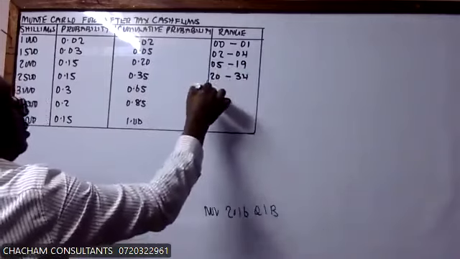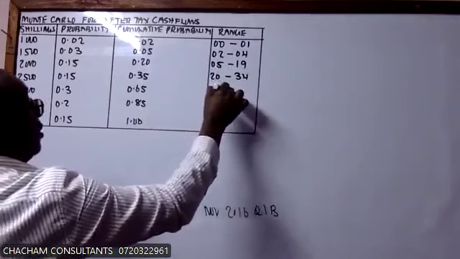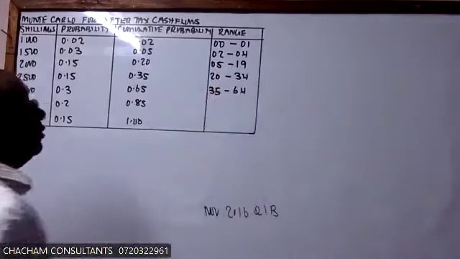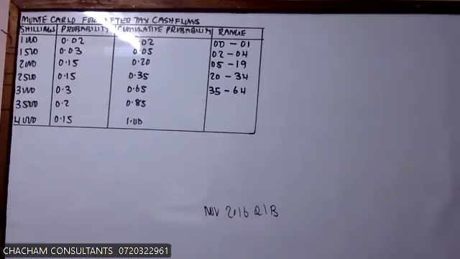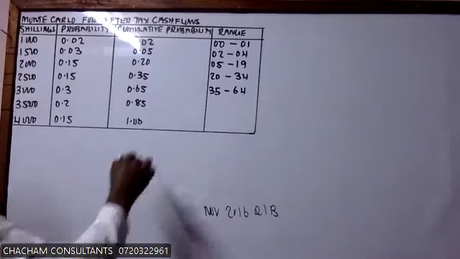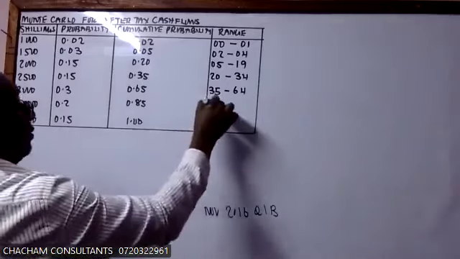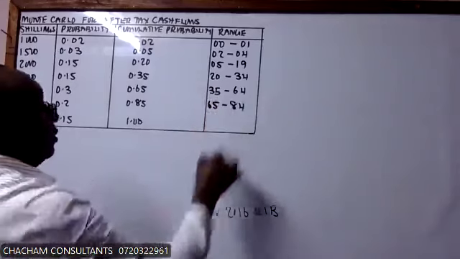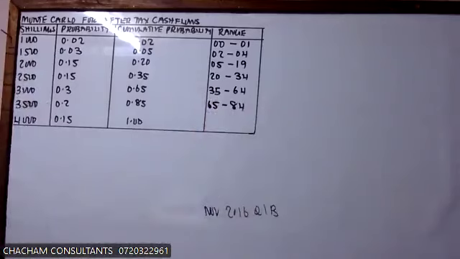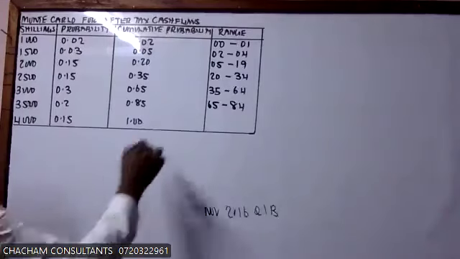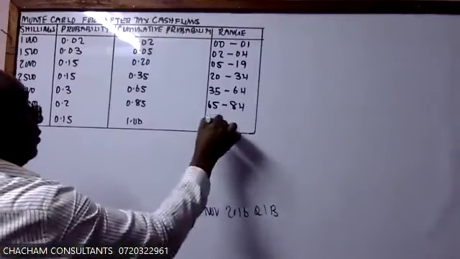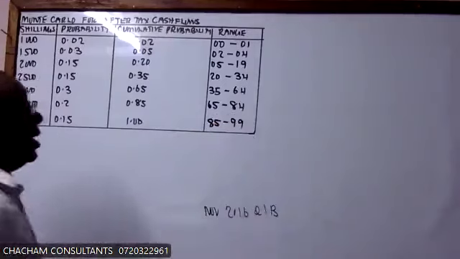From 34, you start at 35 to stop at 64. From 64, you start at 65 to stop at 84. And from 84, you start at 85 to stop at 99.